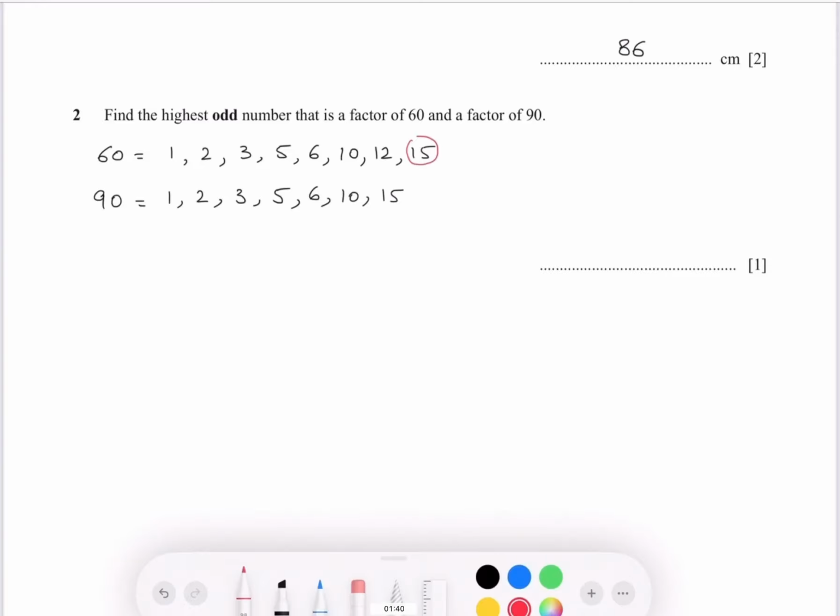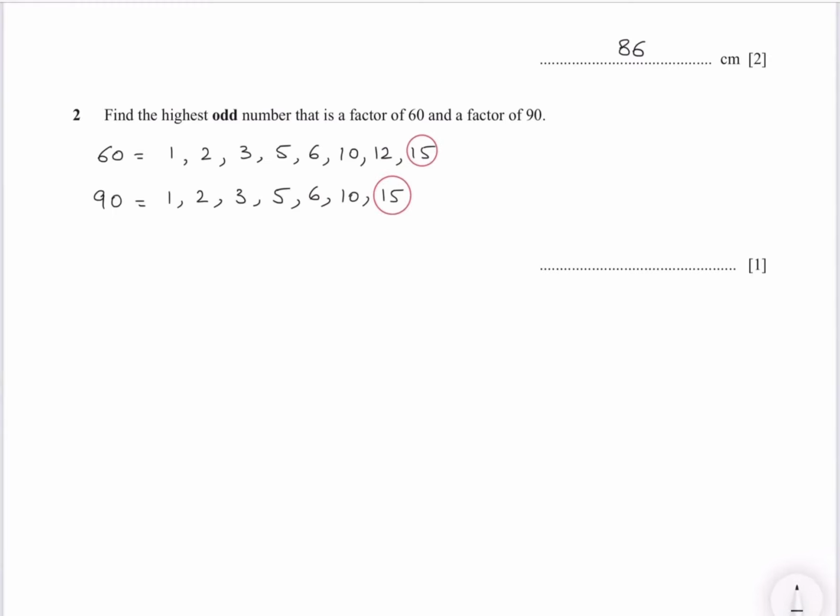So I'm circling the common and the highest and the odd number. So 15 is our answer for this question number 2.